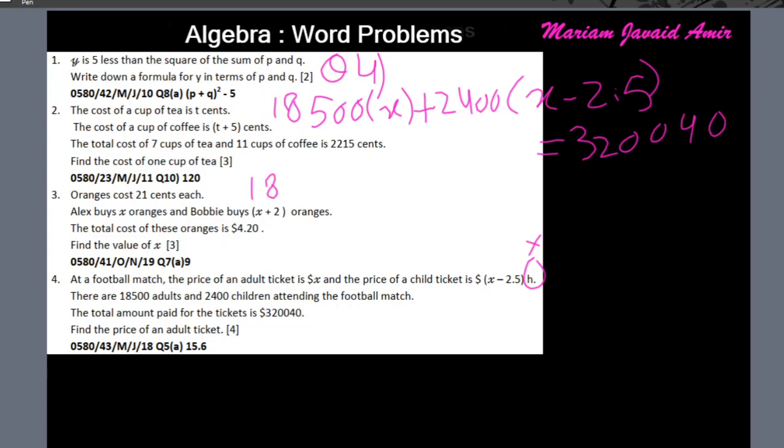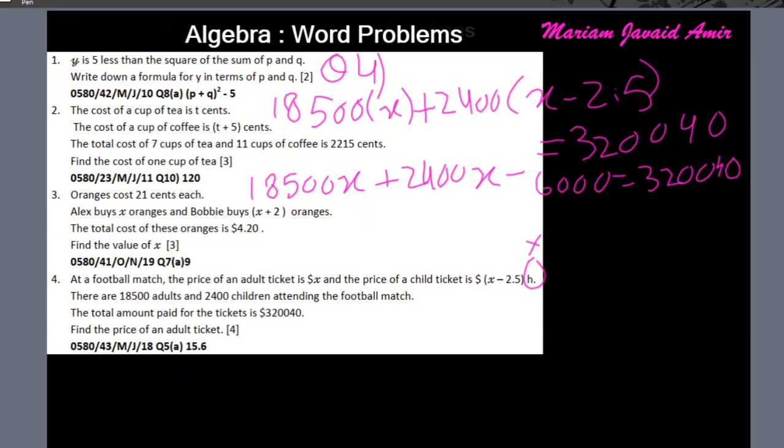So simply open the brackets: 18500x plus 2400x minus 2400 times 2.5, which is 6000, equals 320040. Next I'll add the terms in x: 18500 plus 2400 gives me 20900x.